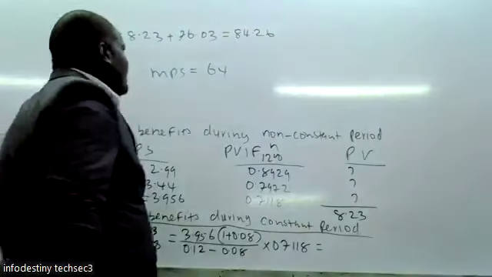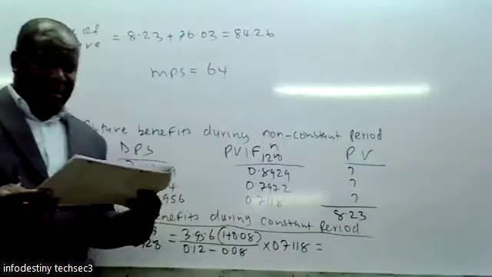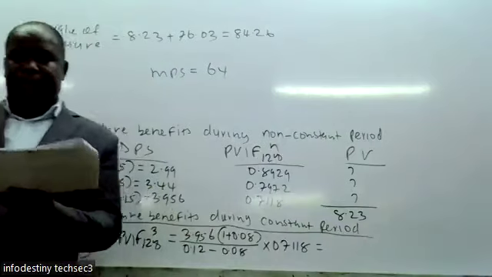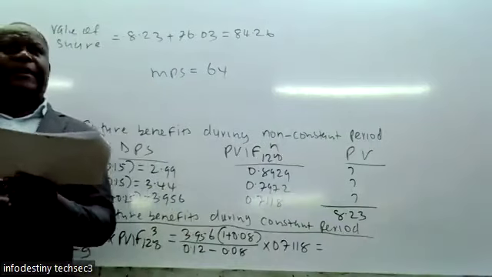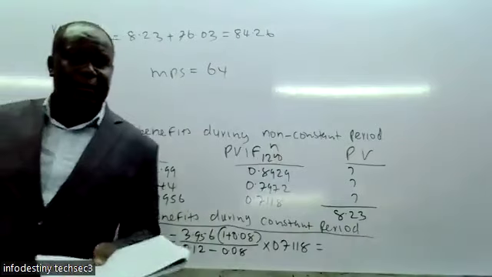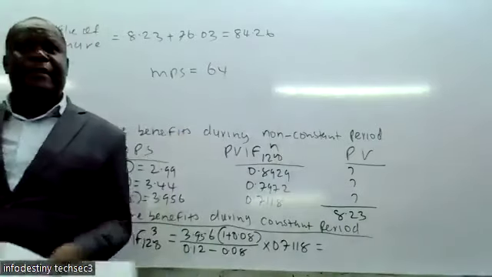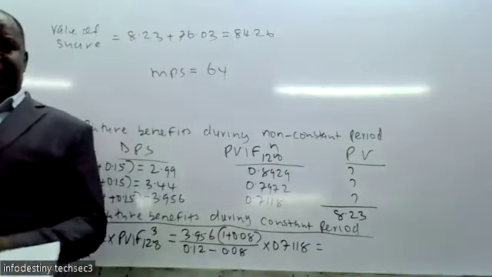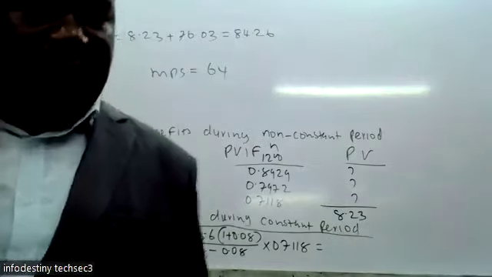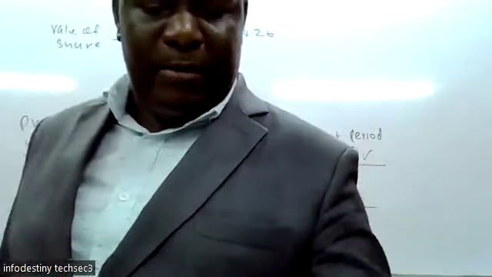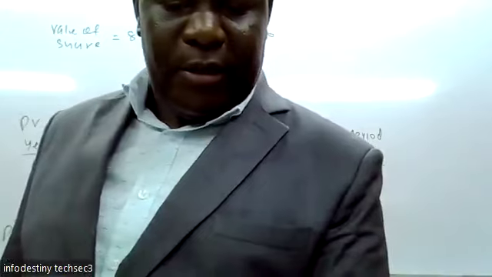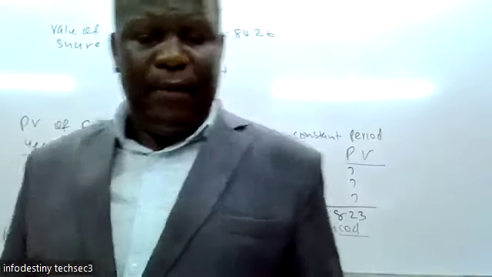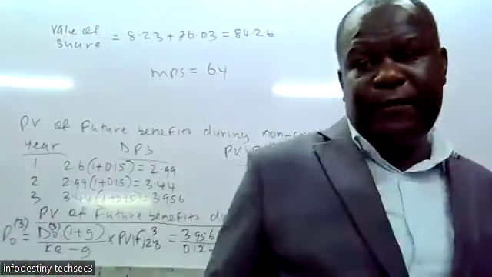So this share is undervalued by the market forces, because the market has given it 64, but the true value is 84. So you comment that the share is undervalued by the market forces.